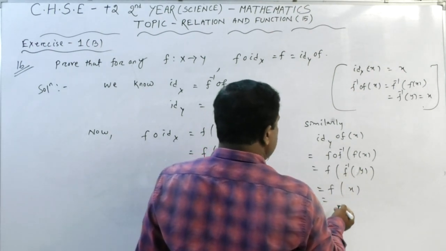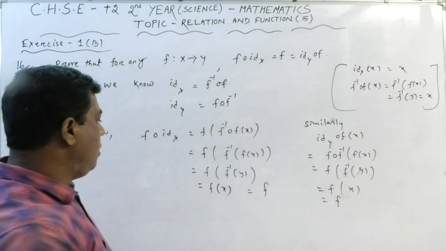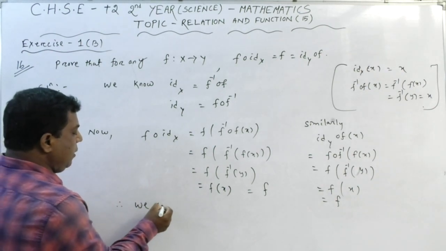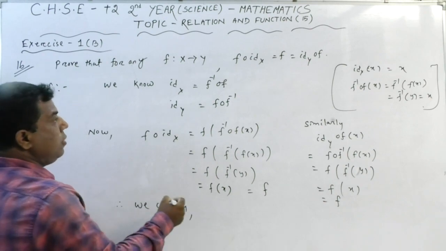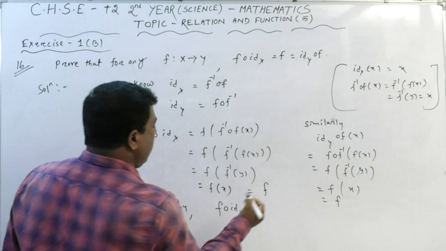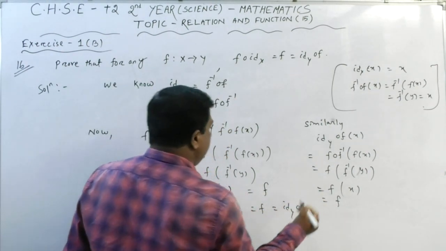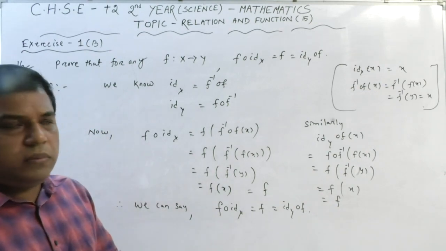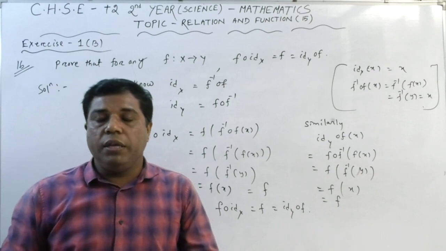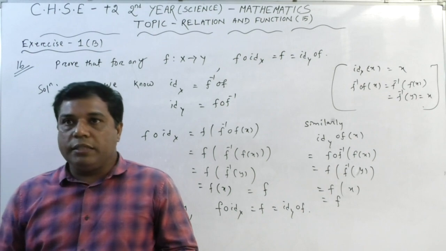So you can see it is f of x, which can be written as f. So from here we can say that f operated on identity x is equal to f, and which is equal to identity of y operated on f. Okay. So this is again one of the results of the exercise, and it is question number 16.